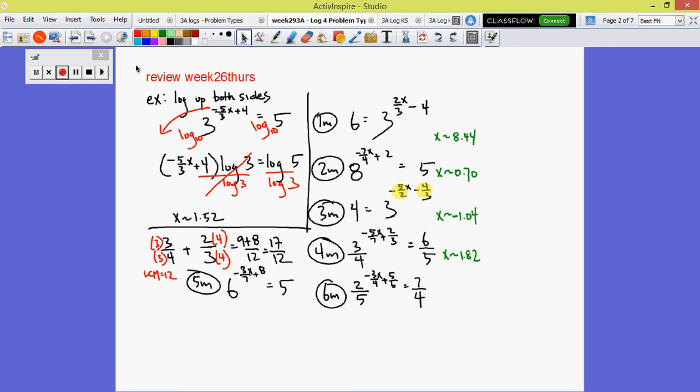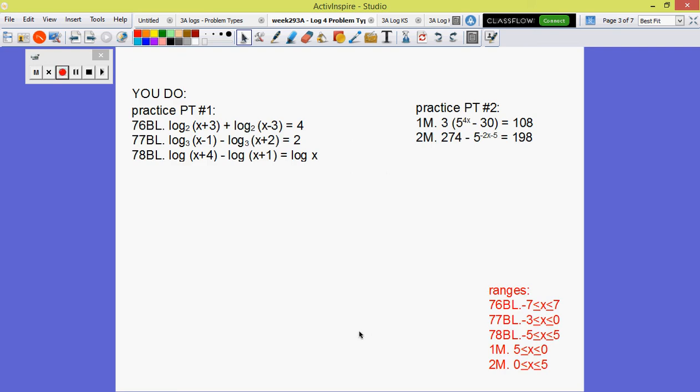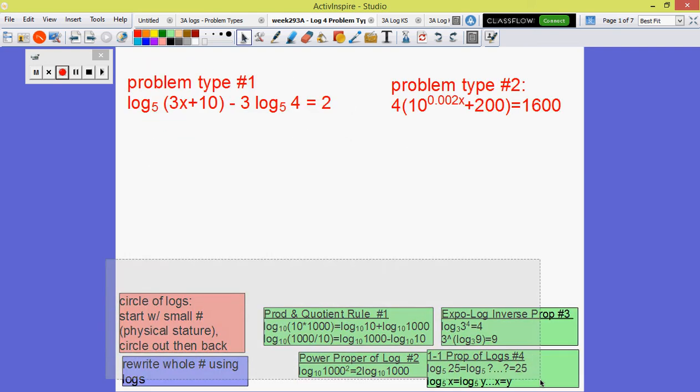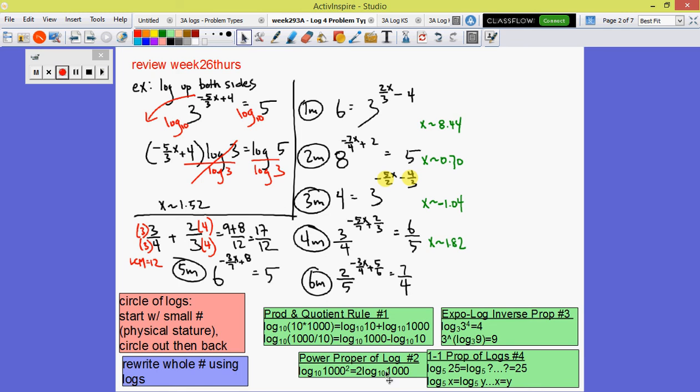I want to copy and paste these properties that you see right over here because we're going to reuse these over and over again. This property of moving the exponent over to the front was the power property that we went over before break.